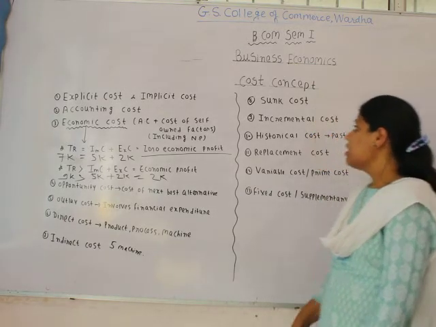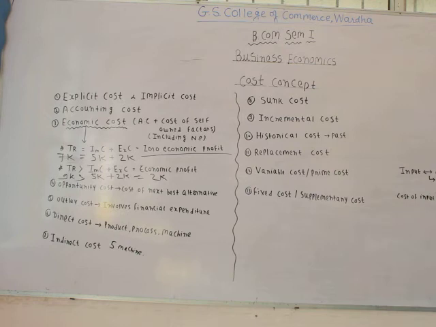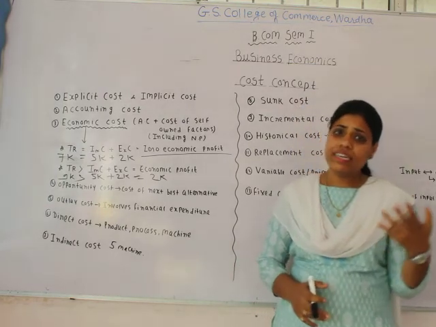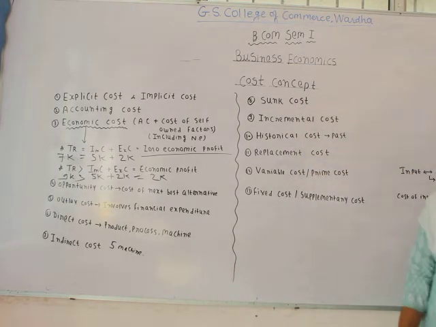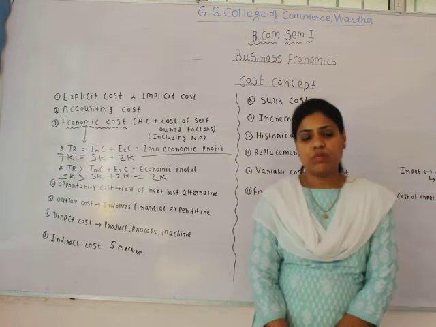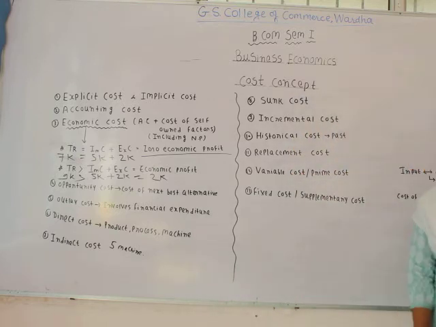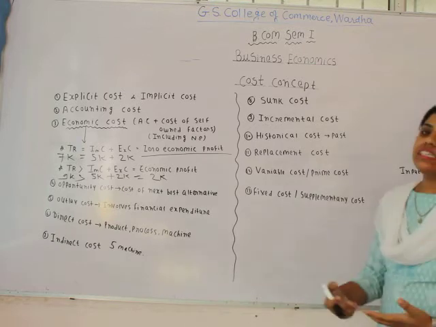The next one is sunk cost. Sunk cost means the cost that cannot be recovered, that has already been spent in the past. Like you have made advertisement expenditure, but after making it, your sales are not increasing. So you cannot recover the cost of that advertisement expenditure.